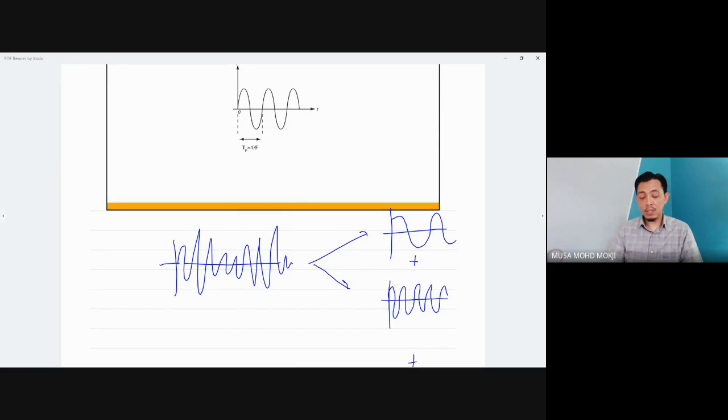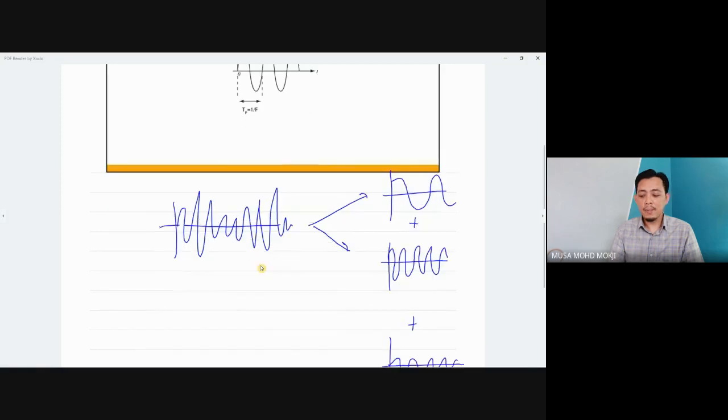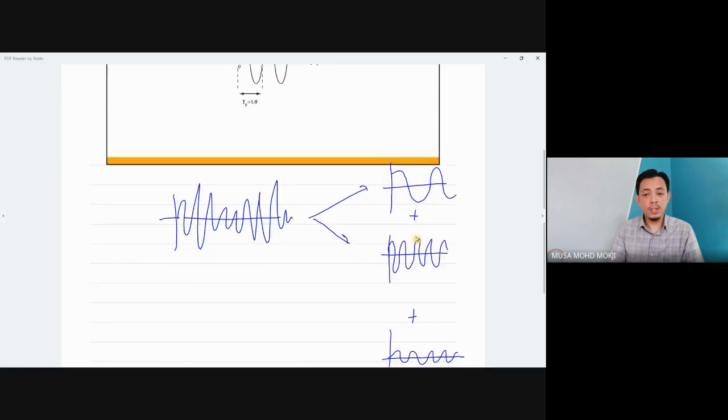Where is the repetition here? It's very difficult to identify. But if we decompose it into these sinusoidal signals, then we can say that this one repeats somewhere here. So this is where we can do some analysis on frequency.